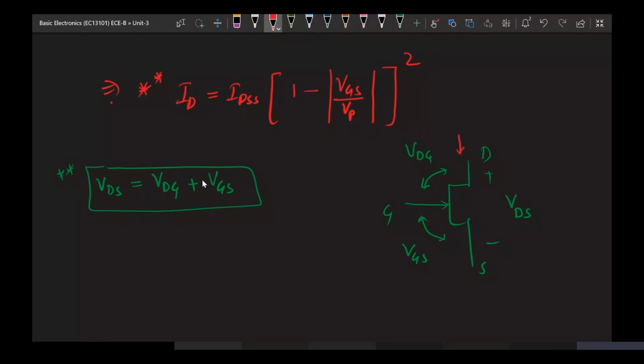But as IG is 0 in a field effect transistor, the gate current is almost 0. So whatever ID is flowing, the same will be flowing through the source also. So ID will be equal to IS.